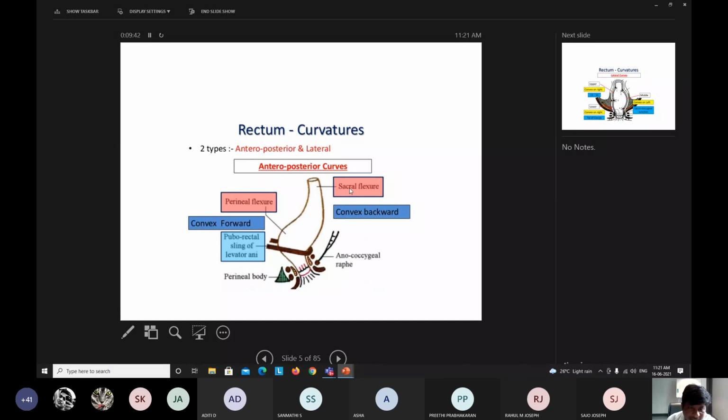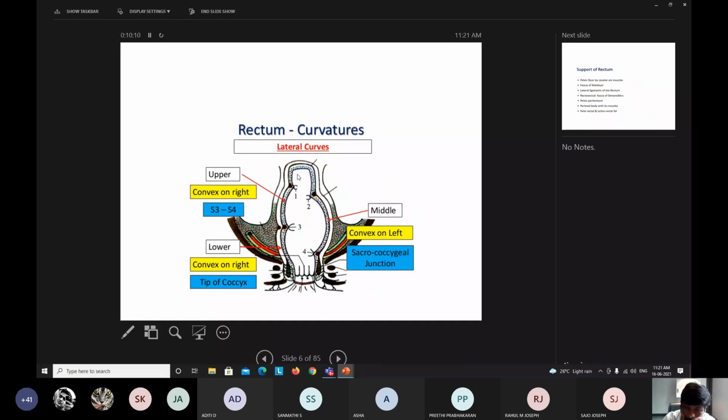This is the anterior curvature, convex forward, the perineal flexure. These are the two anteroposterior curvatures, the perineal and the sacral flexures.